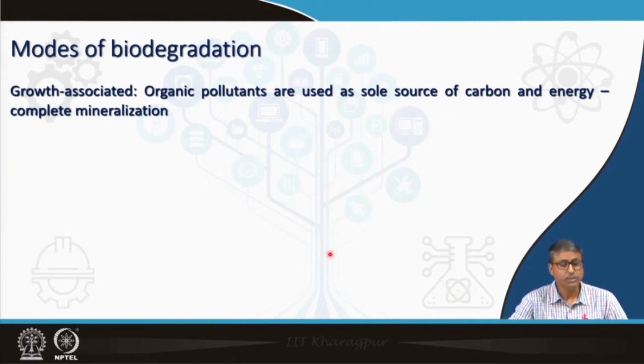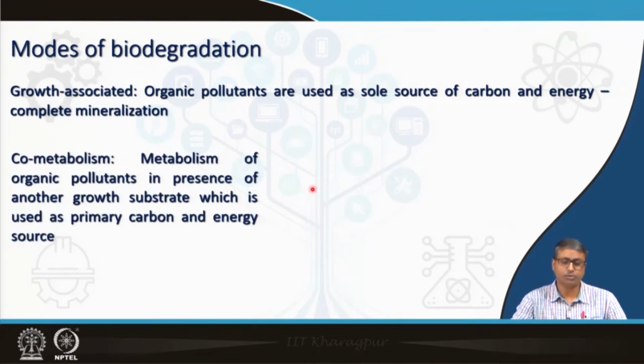Now, regarding the modes of biodegradation, there are actually two types. One is growth associated, that means the organic pollutants are used as a sole source of carbon and energy, and complete mineralization is observed. As we have seen earlier, the organic pollutants are used as the source of carbon, electrons and energy, and the microbes are able to grow utilizing the hydrocarbon pollutants as their growth substrate.